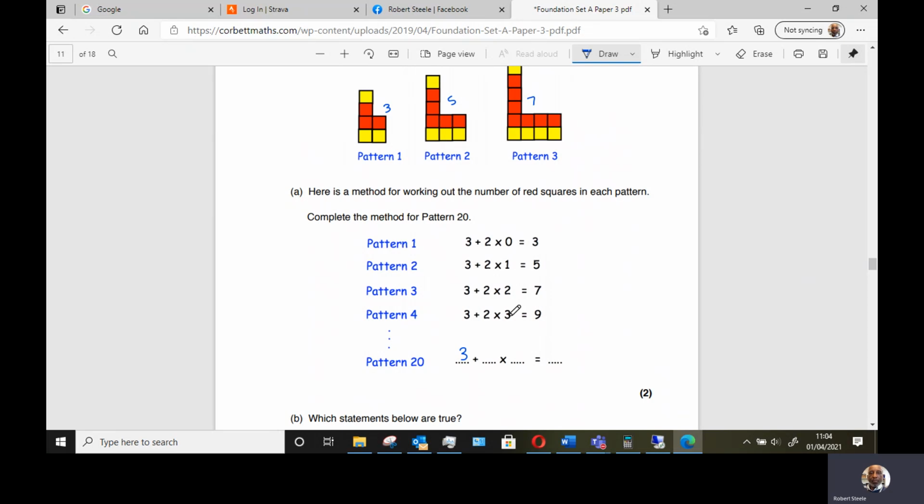This number lags 1 behind the pattern number. I'm going to put in 19 in there. 2 19s are 38. Add on 3 gives you 41.